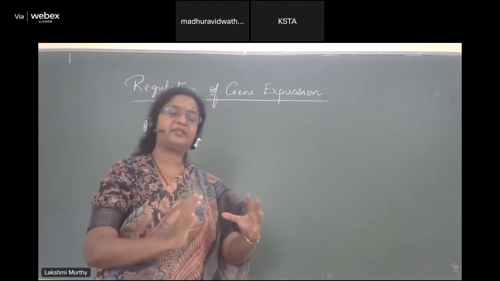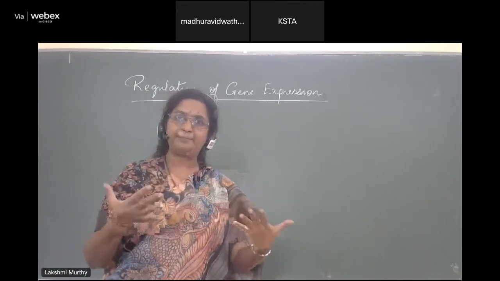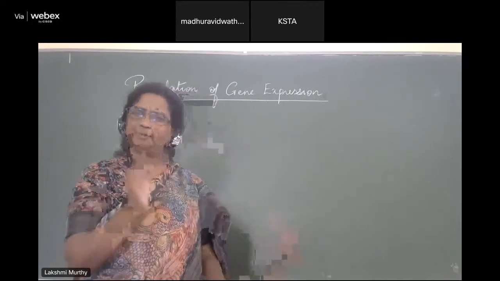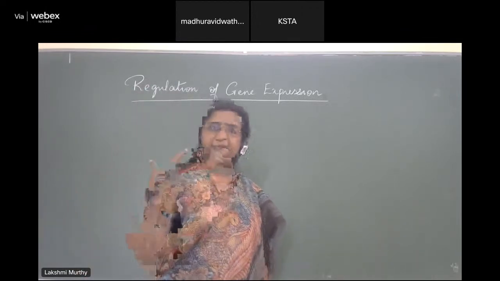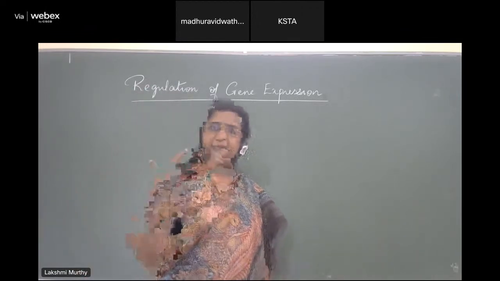Now, oxytocin, obviously, is a polypeptide. It is actually called a nonapeptide because it is a very, very small polypeptide. It is secreted by the hypothalamus and is released by the posterior pituitary gland, or what we call the neurohypophysis.